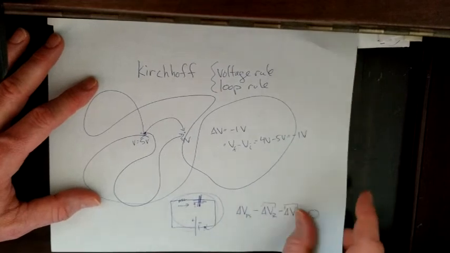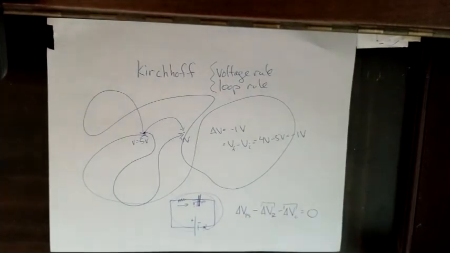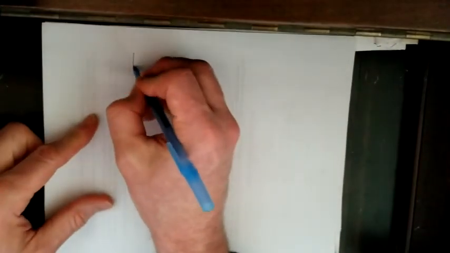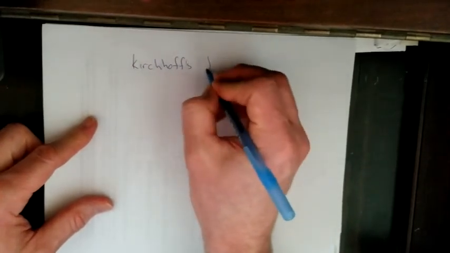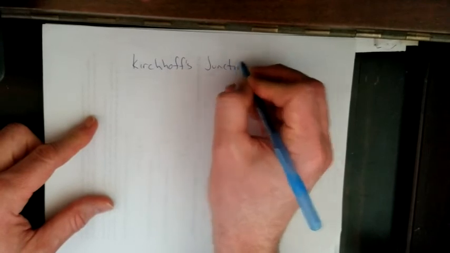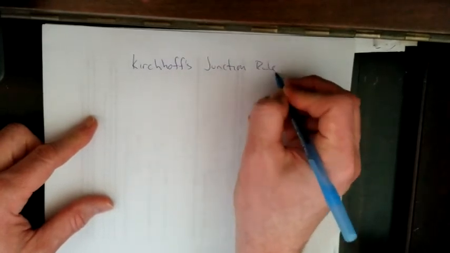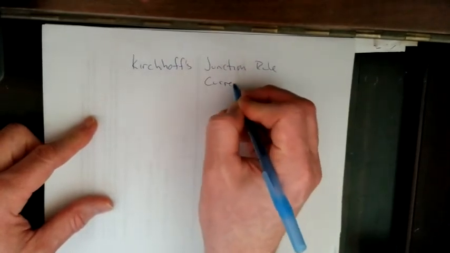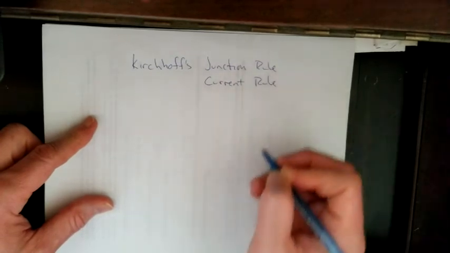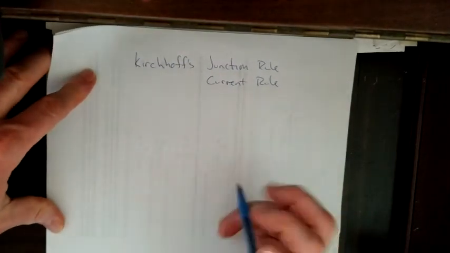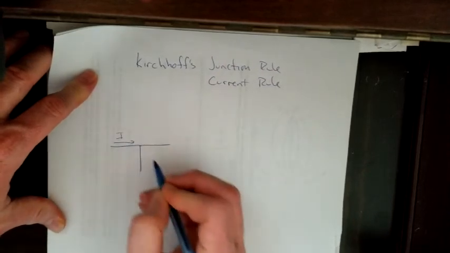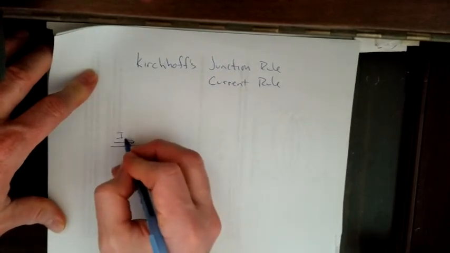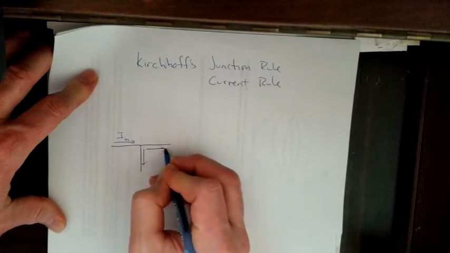The other rule that he has is the junction rule, Kirchhoff's junction rule, or current rule. And that is, if I have a junction here, I have a certain amount of current flowing in, and then I have current flowing out.